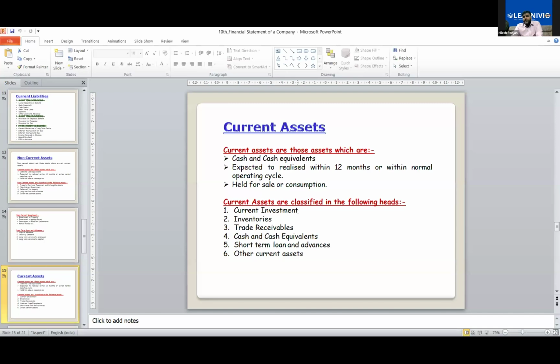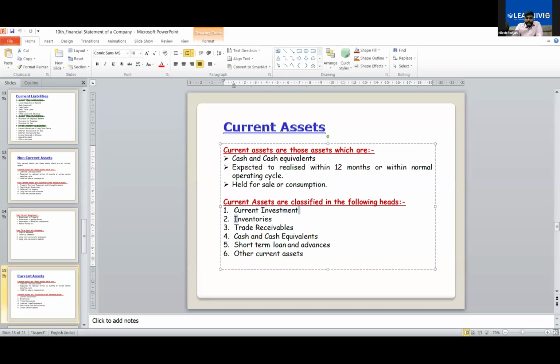Current investment, I have already explained. It is the same thing as non-current investment, only the timing difference. Inventories means inventory of raw material, work in progress, finished goods, loose tools; these things are included in inventories, so stock of these items.